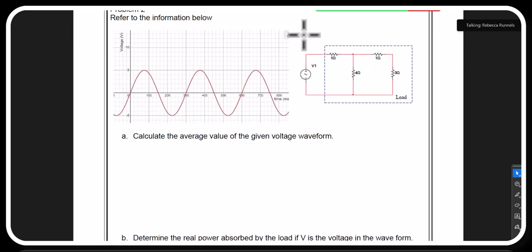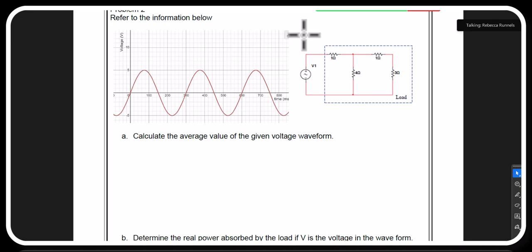It's 0. It's not root mean square, it's just average value. You have the same area above and below because it's symmetric. If you were to add up all of the area above and all of the area below and divide by the interval, you would get 0. And so the average value is 0.